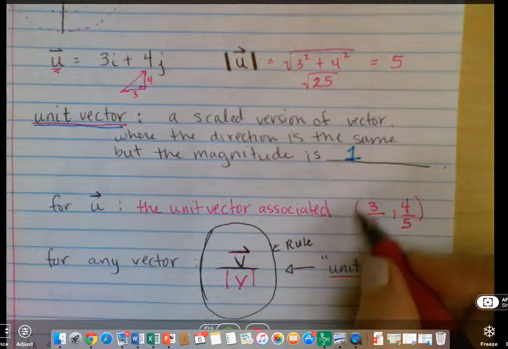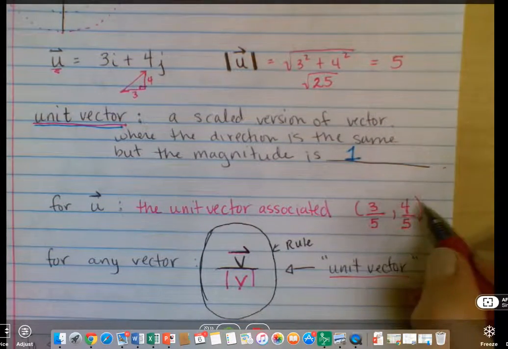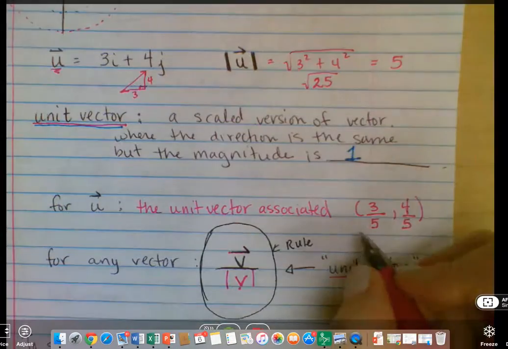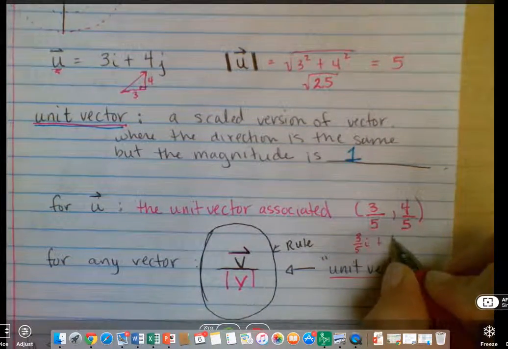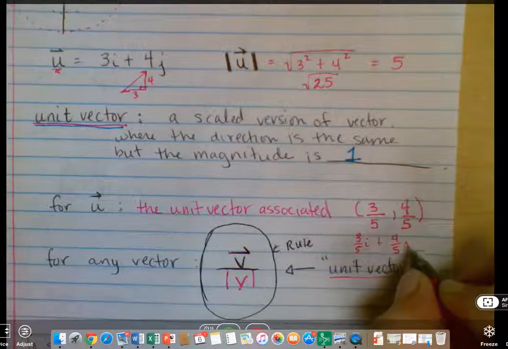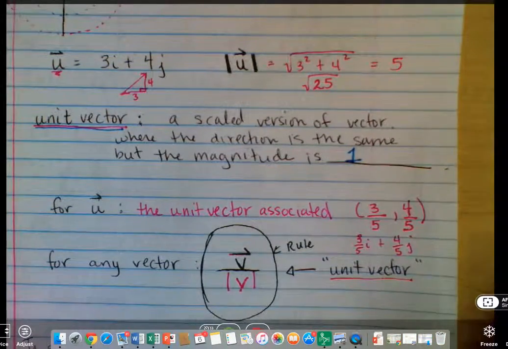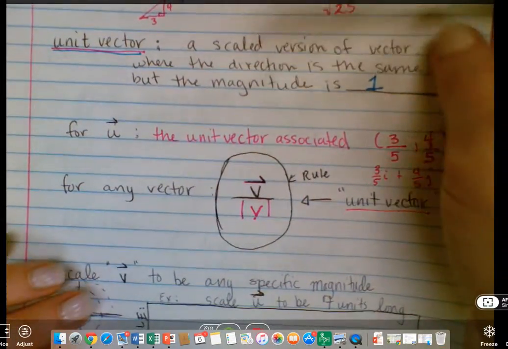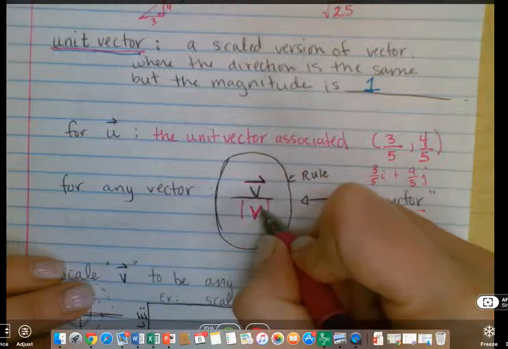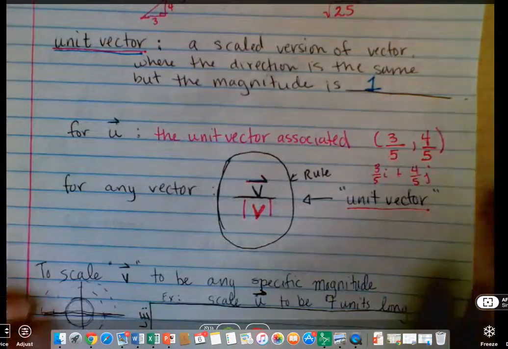So our unit vector would be 3 over 5, 4 over 5. Or you could write it as 3/5 i plus 4/5 j. All of those things would be correct notations. Looks more like a y than a v, so I'll make it more like a v.